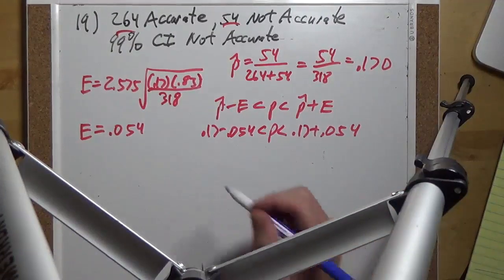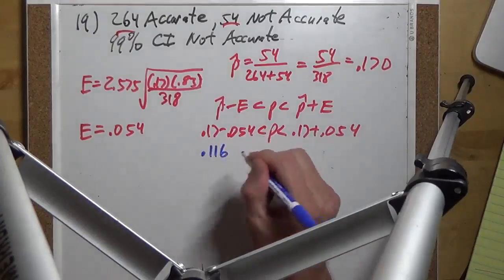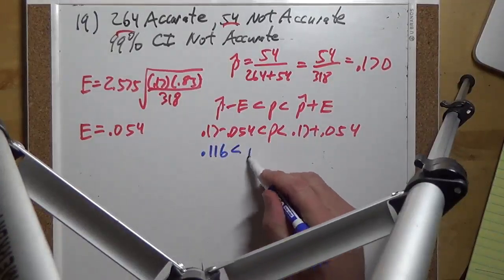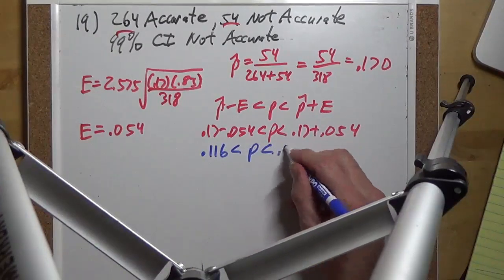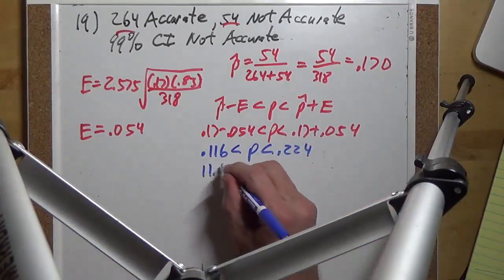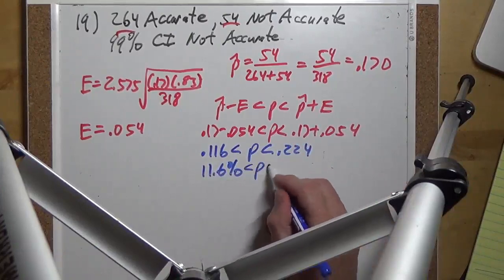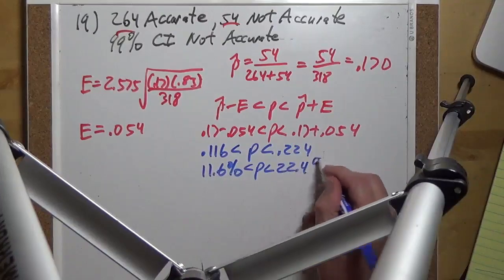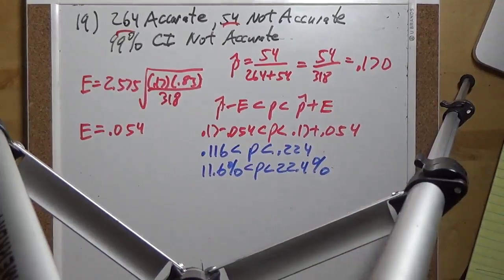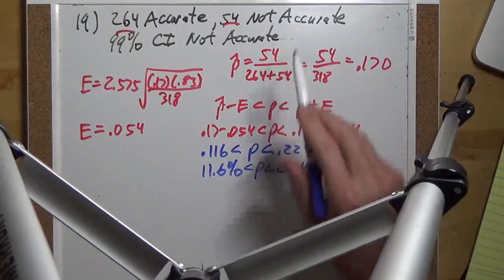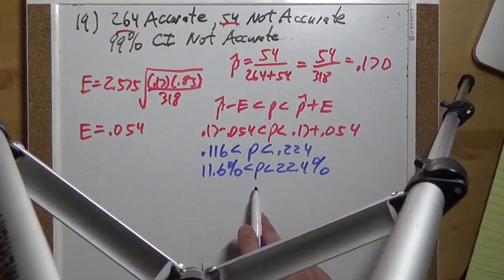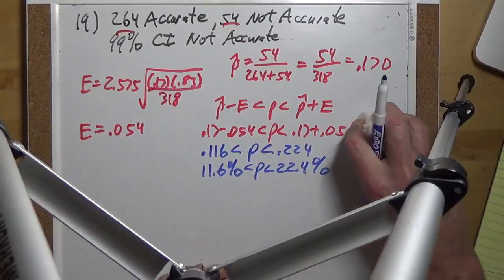So I've got 0.116 is less than p, is less than 0.224. The problem wanted it in percents, so I change it to that. So it looks like we are now 99% confident that the true value of inaccurate orders from Burger King lies between 11.6 and 22.4%.